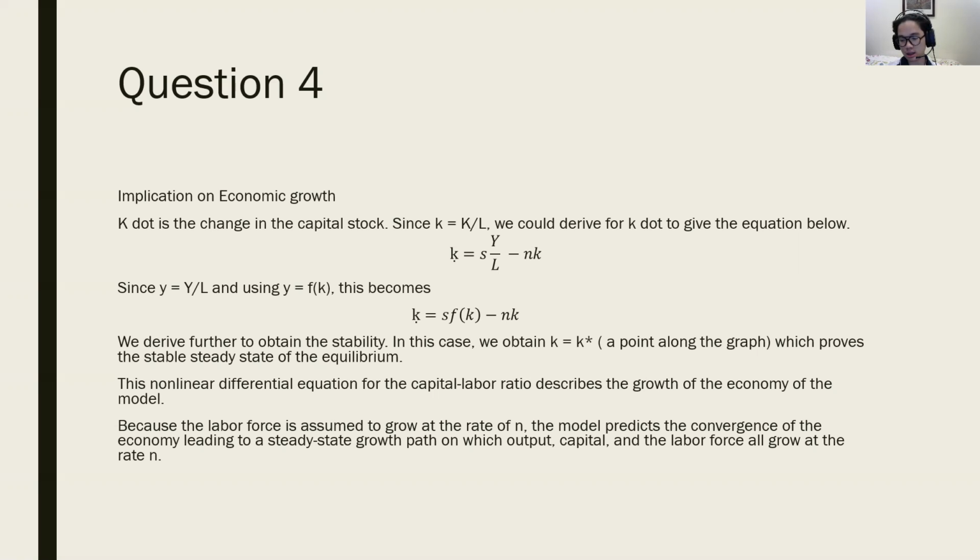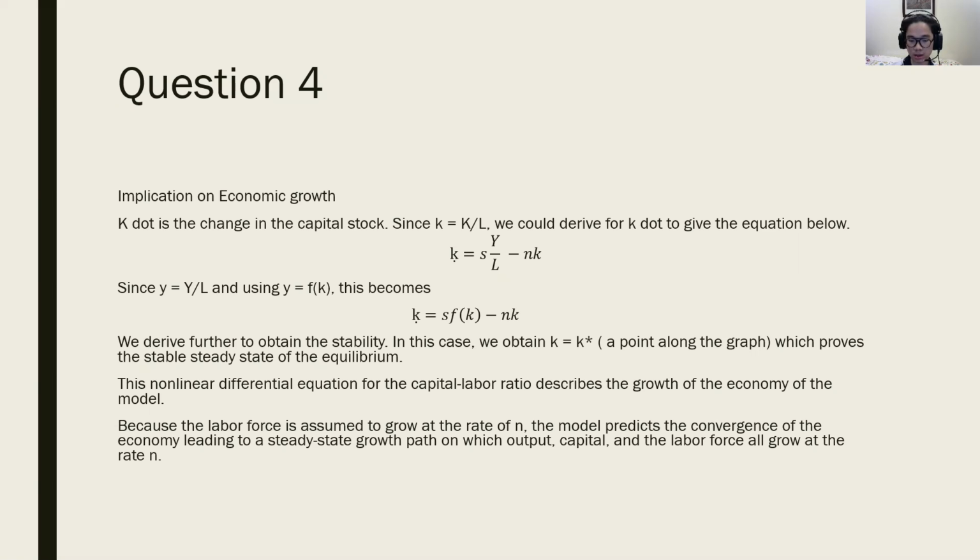Now, essentially, for the implications towards economics, from this equation we can draw the graph, and from the graph, it shows that when k is equal to k asterisk, a point along the graph, it proves that it is the steady state of the equilibrium.